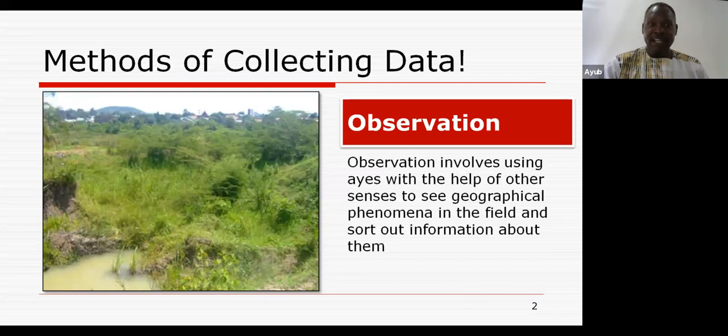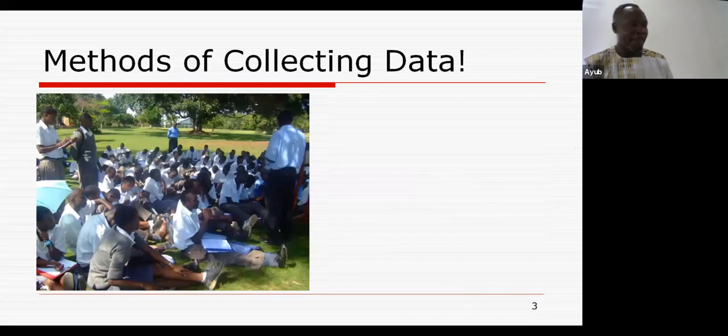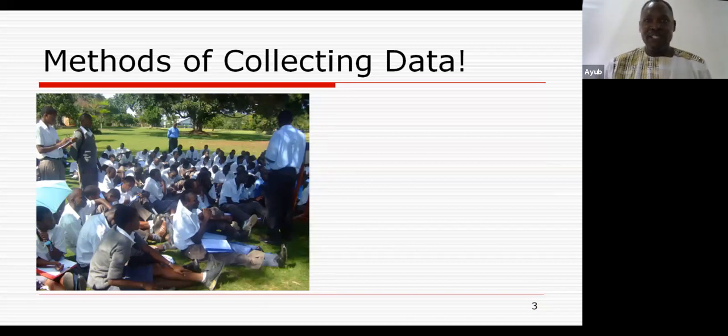The second method, I'm going to show a photograph. Here we see a number of things. What do you see in this picture? I'm going to unmute. This time I want you to talk. I want to hear your voices. I don't want to talk to myself anymore. So let us unmute, and I pick you first before you mention.